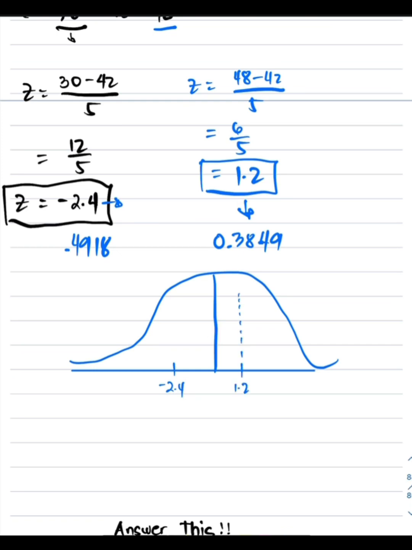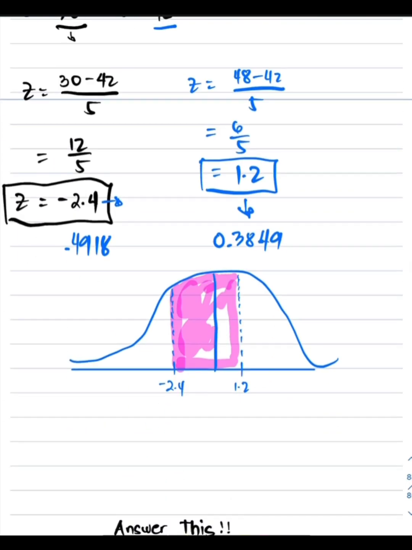So, in between these two z values, we have this area. This area is in between the scores of 30 and 48. So, what area is this?